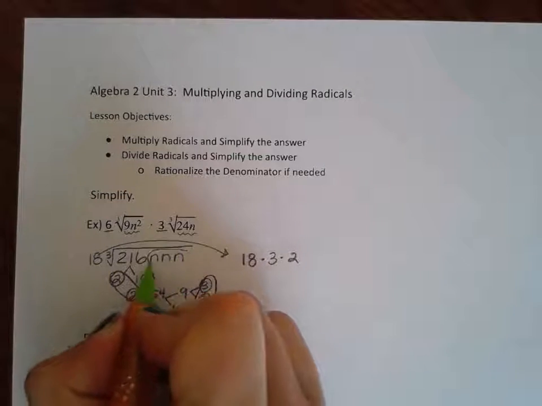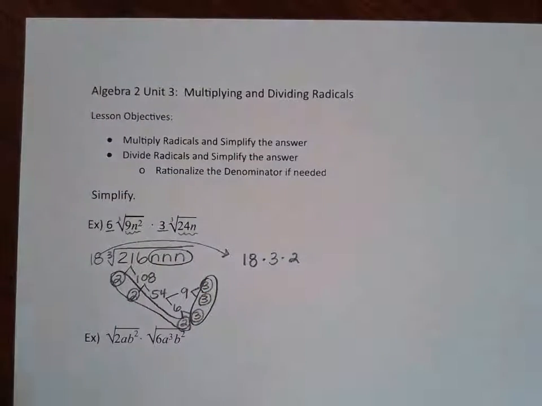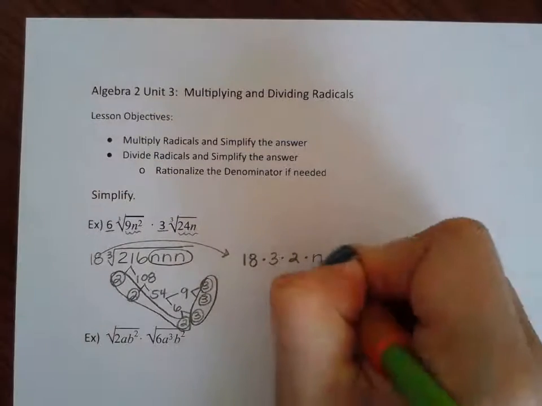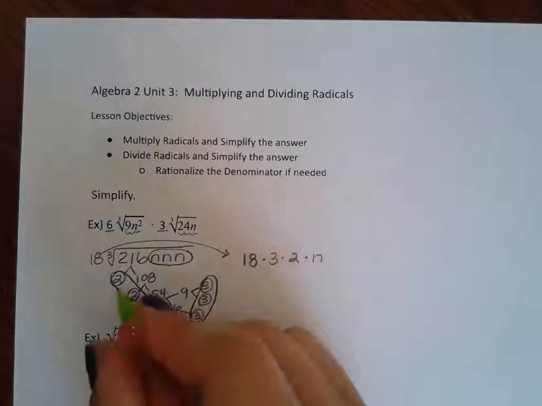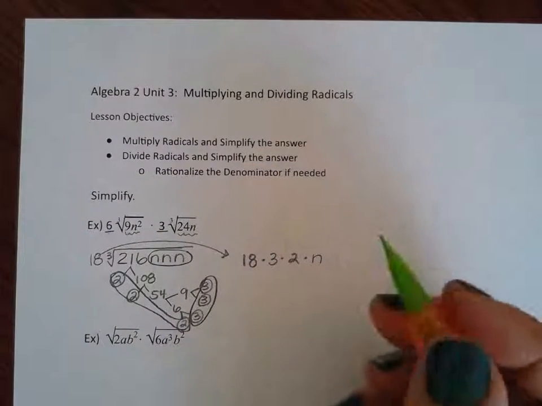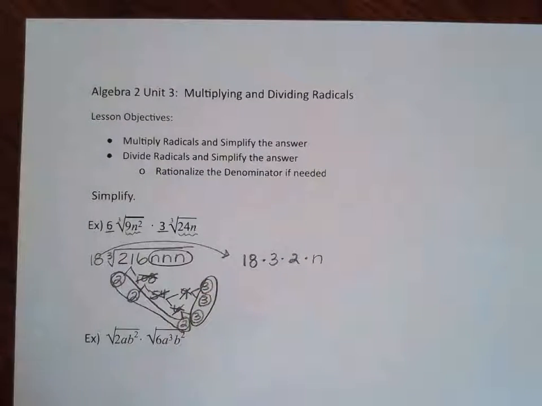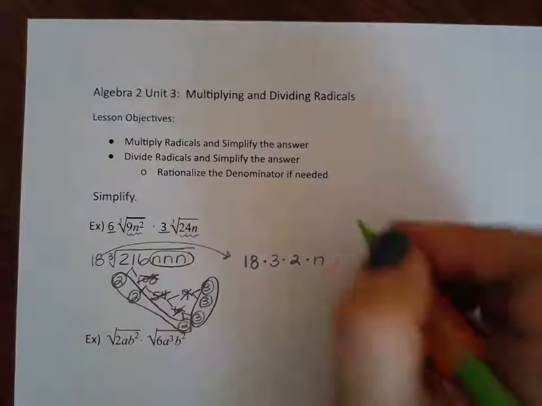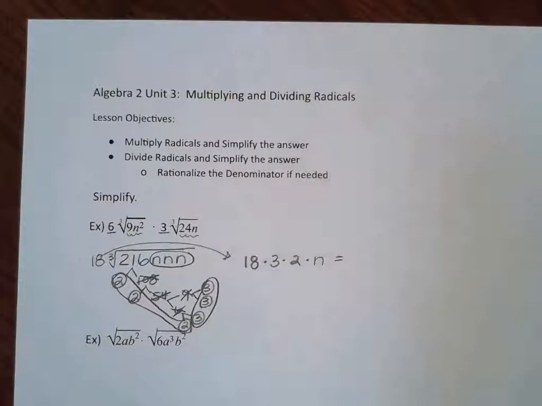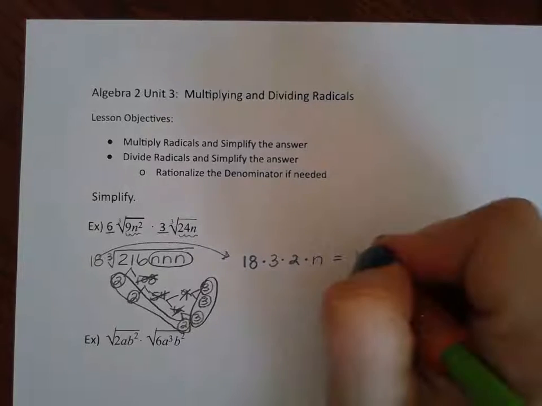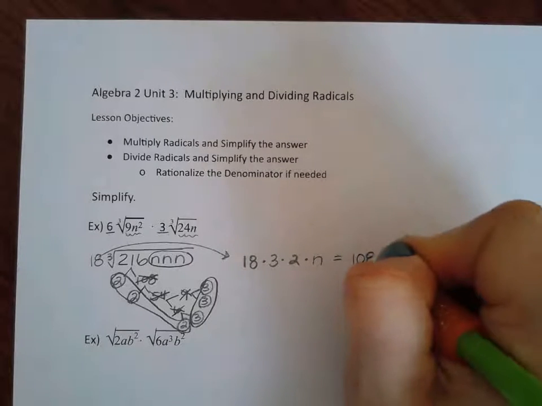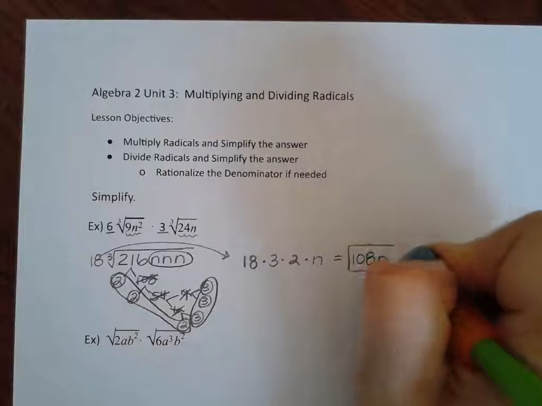And we also have one group of 3 n's, so times n. Since everything was used up, remember we only look at the prime numbers. We don't look at any of these. Everything else was used up. We don't have to write a radical. And our answer is whatever 18 times 3 times 2 is, times n. So it looks like our answer is going to be 108n.